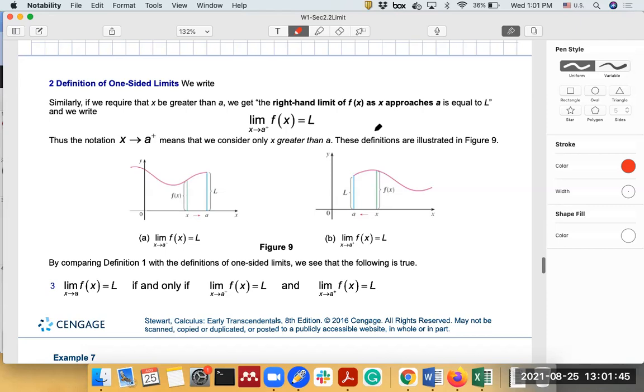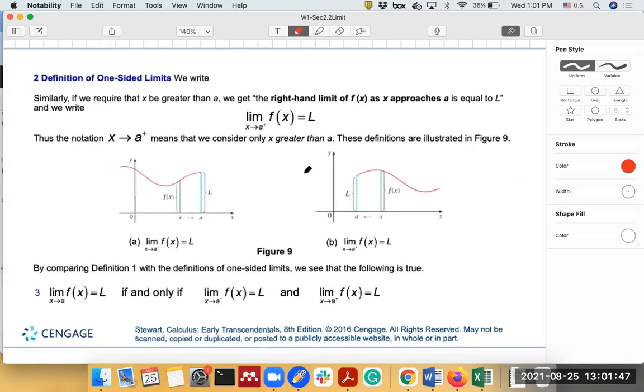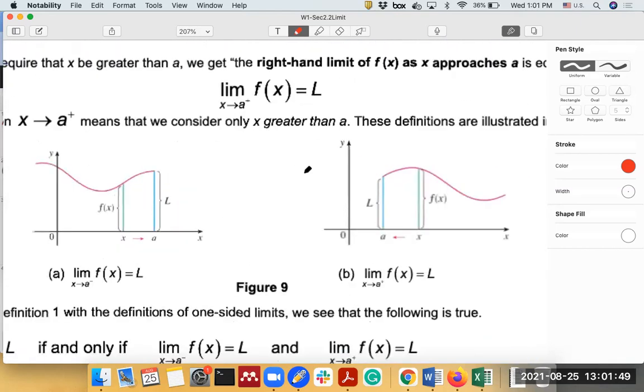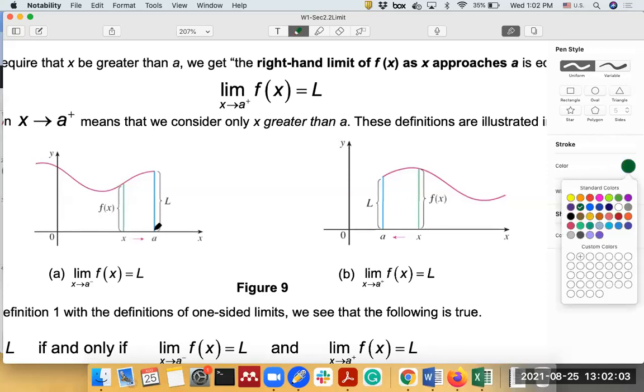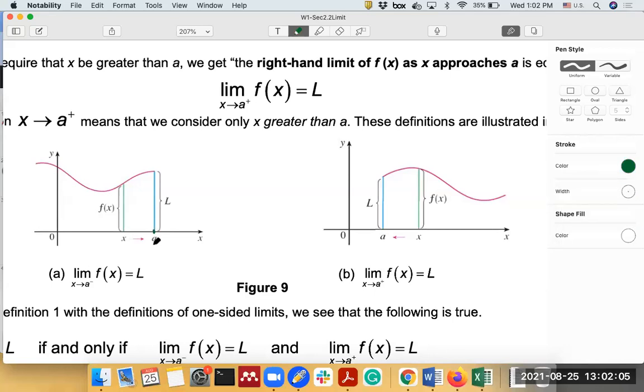Here is another graph to visualize the two definitions. If the red curve here is the curve f of x, and the point a is right here at this point, x is equal to a, and the value of f of a will be L, for example, in this case.